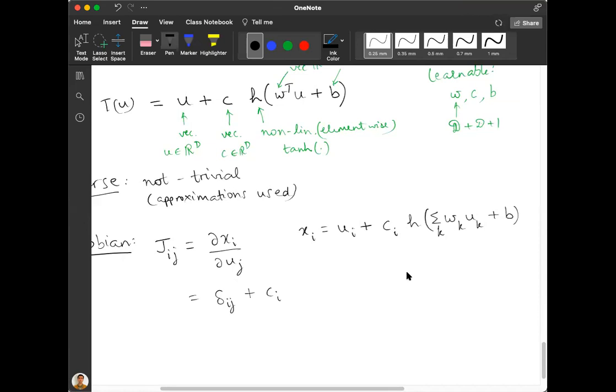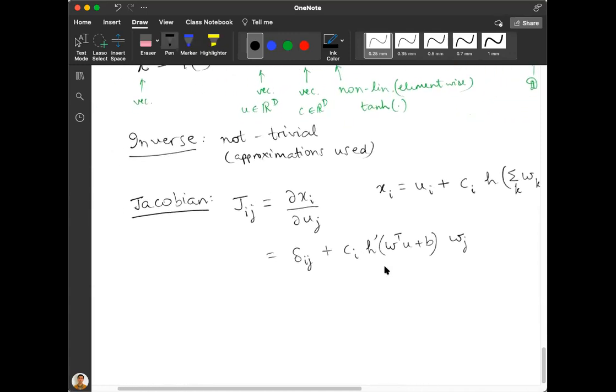Whether it's a sigmoid or tanh, h will have some derivative. So let's write it as h dash of w transpose u plus b, times the derivative of this internal thing, which is w_j. So this is your Jacobian.